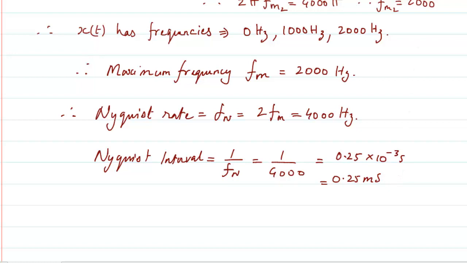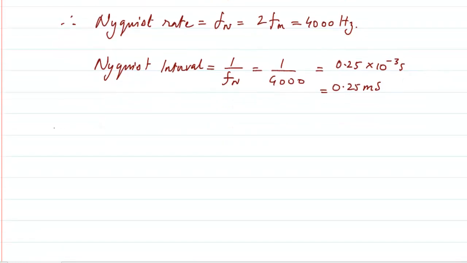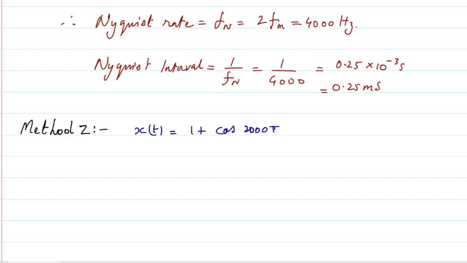The second method is, so I will write the second method. So this is method 1, this is method 2. In method 2, we have the signal x of t, which is equal to 1 plus cos 2000 pi t plus sine 4000 pi t.